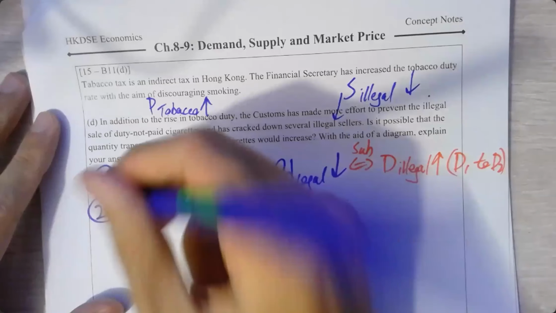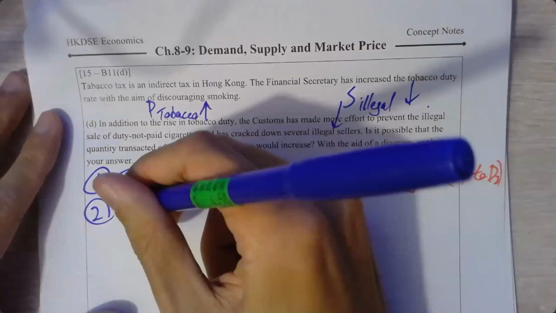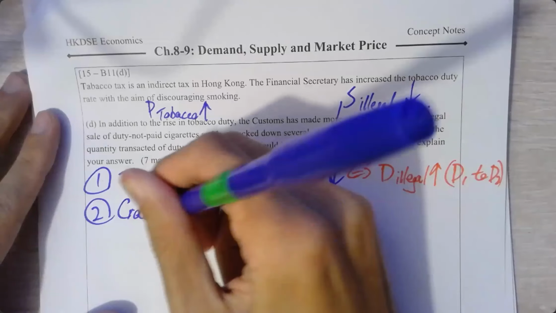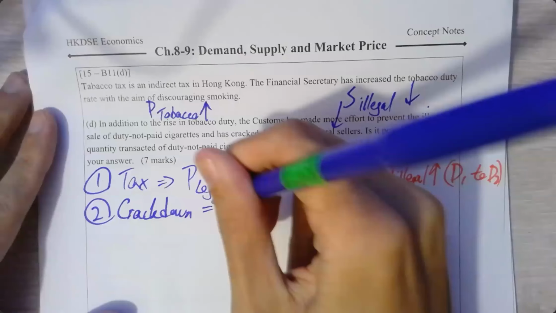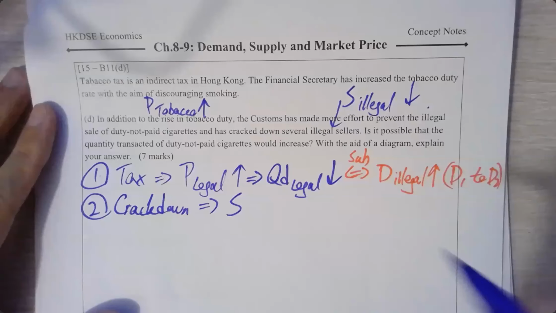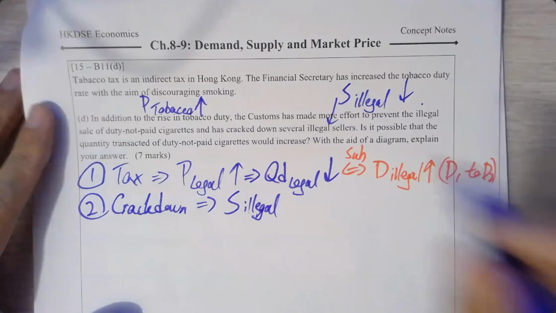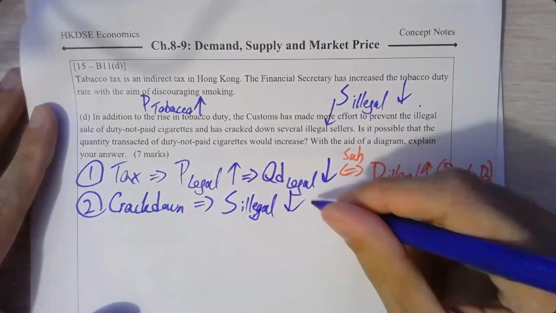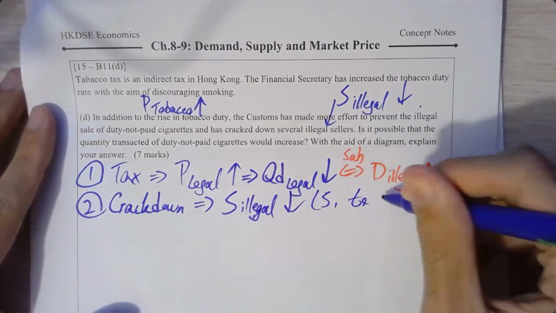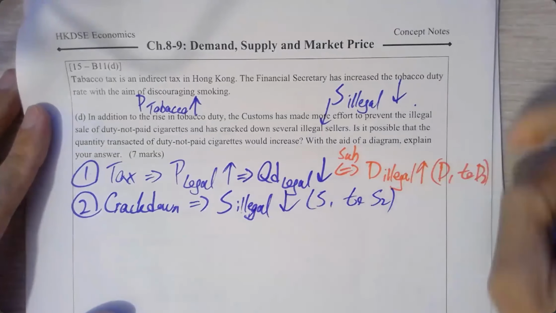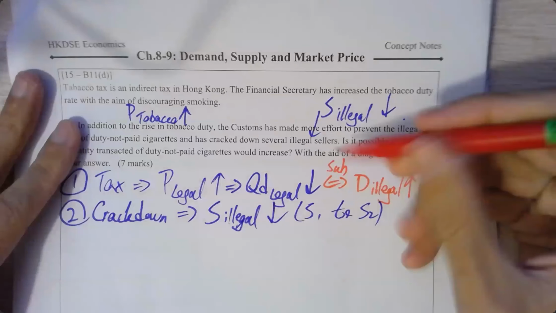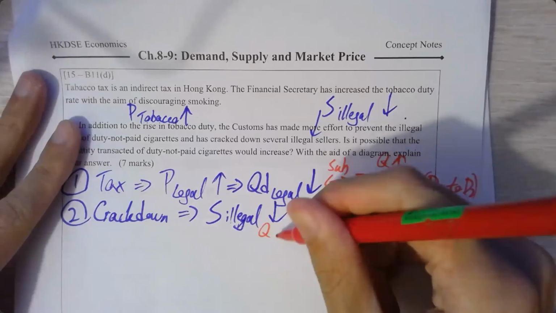Second way, with more crackdowns, then the supply of illegal cigarettes would decrease from S1 to S2 啦。好啦 let's remind ourselves this one quantity increase, quantity decrease.